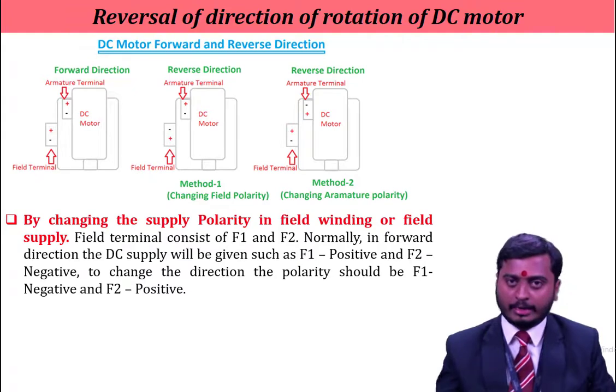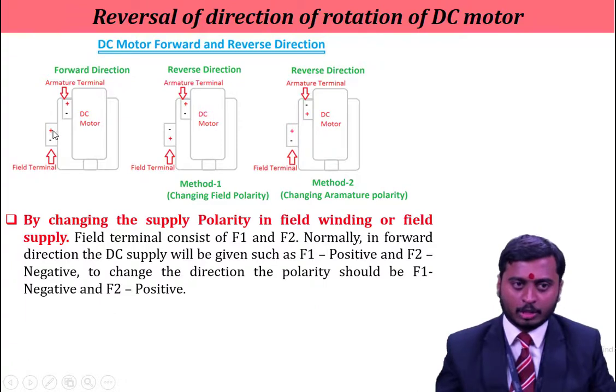Normally in a forward direction, the DC supply is given such that F1 is positive and F2 is connected to the negative terminal. So to change the direction, the polarity should be reversed. That is, F1 should be connected to negative and F2 should be connected to positive.